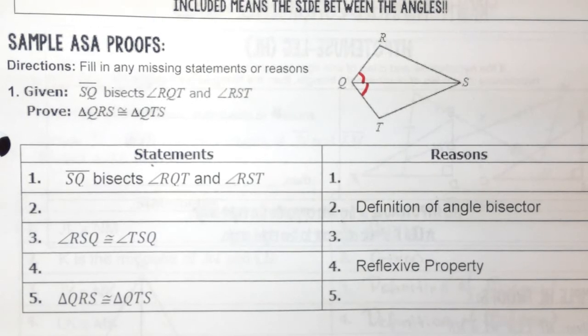That being said, on the other side, let's say angle RST is bisected as well by SQ. So what should we know there? What angles? You named the first one, right?